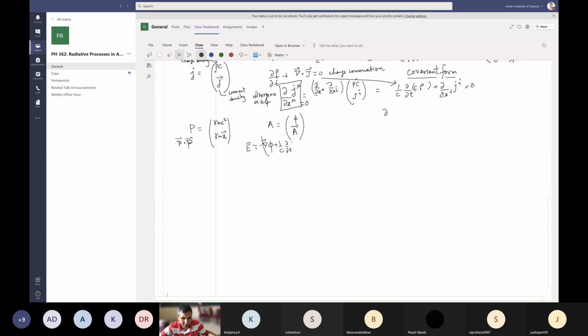Sorry, minus 1/c. So dimensionally, this is correct, right? This and this have the same dimensions, 1/L. So this is A⁰, and this is the rest, A¹, A², A³. φ and A have the same dimensions.